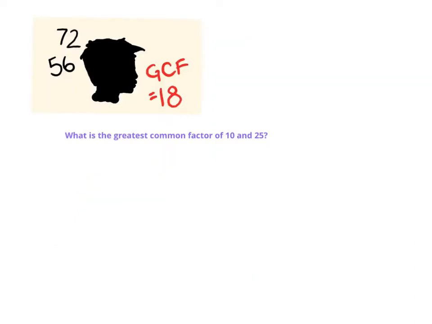Let's do one more problem together. What is the greatest common factor of 10 and 25? You can start by writing the number 10 as well as the number 25. And I like making this little handy t-chart, but it's not always necessary.